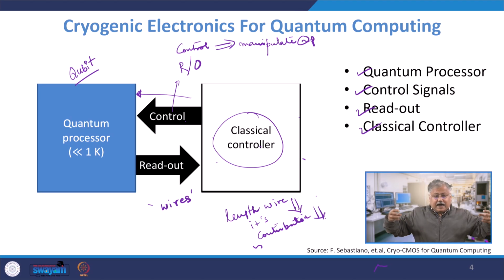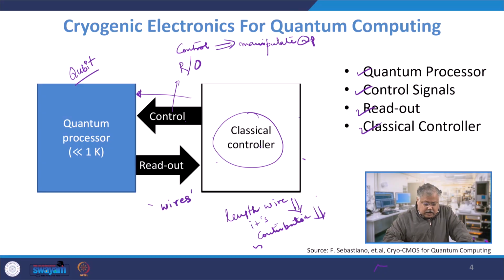So if you have a very large interconnect, the RLC elements will increase and therefore the signals will be degraded too much. So we also need to appreciate that these should be as close to each other as possible.